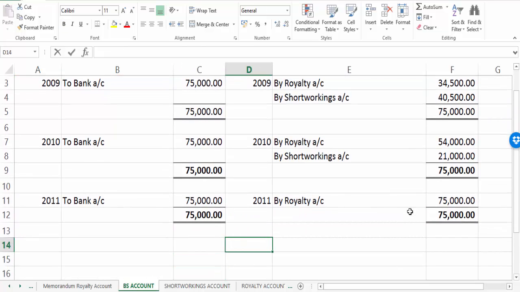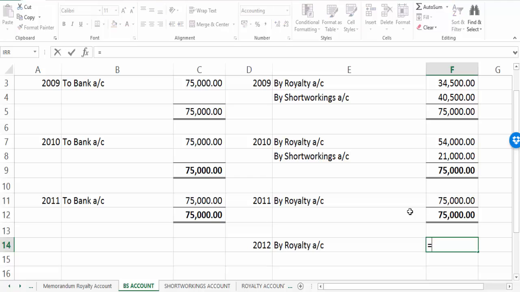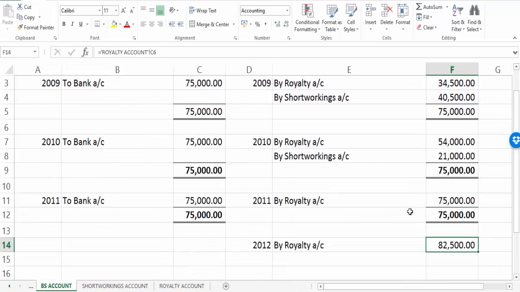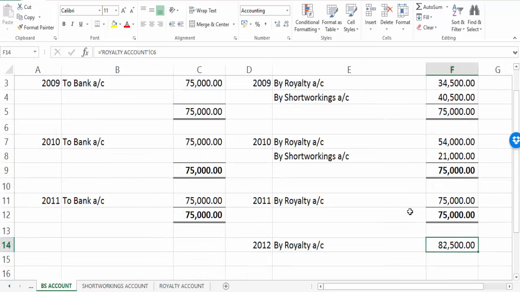Moving on to 2012. By royalty account. For the amount, let's go to royalty account, 82,500. Now whether this entire 82,500 is payable? No, because there is some adjustment in short workings. Because if you go to short workings account, on the credit side you see by BS limited account. It means BS limited account is debited.